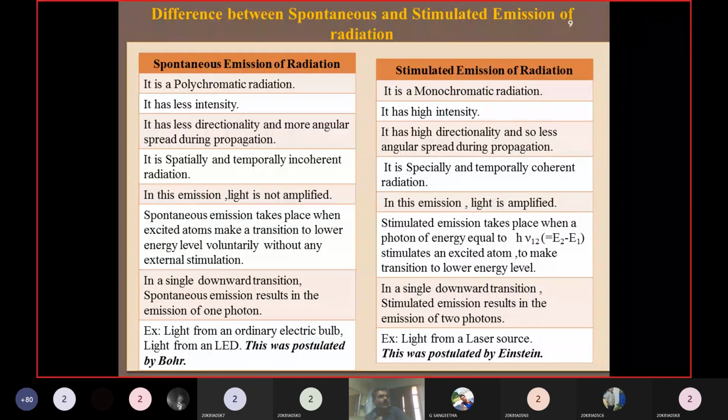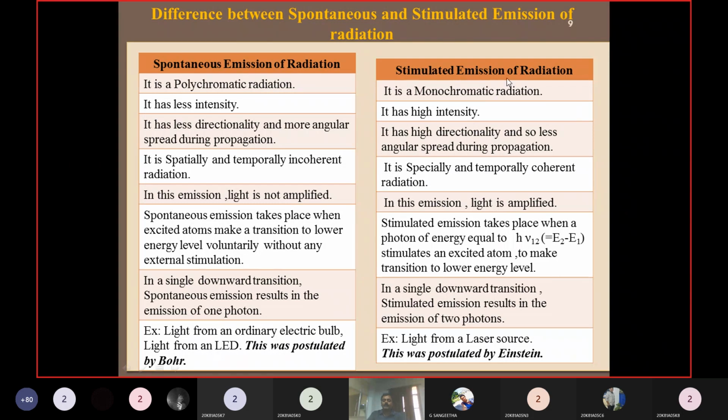If you take argon bulbs and sodium bulbs, those are all single wavelength bulbs, monochromatic only. But those are all spontaneous emission. Even an LED is monochromatic, but that emission is spontaneous emission.